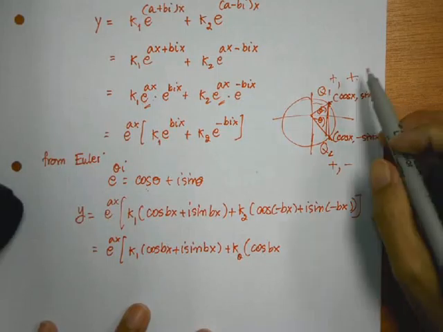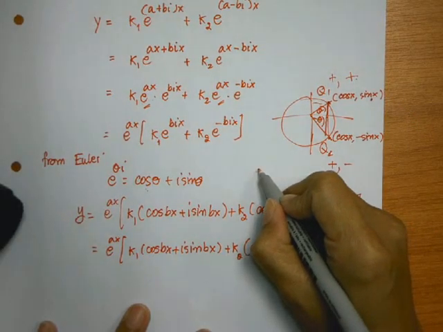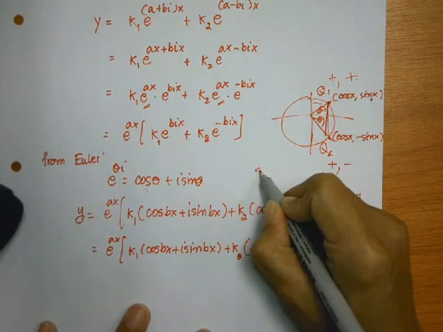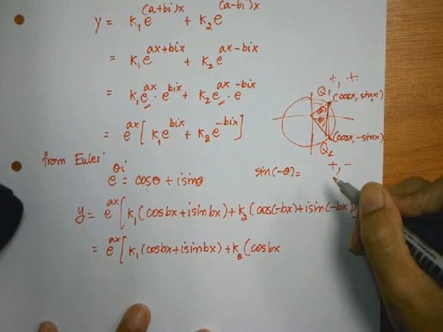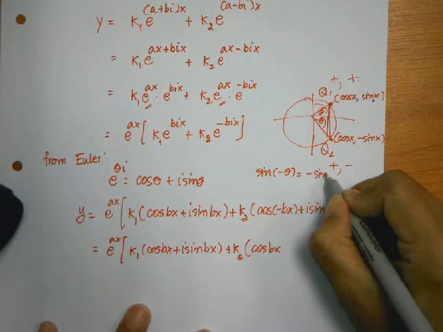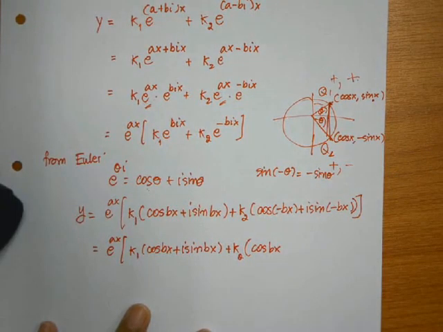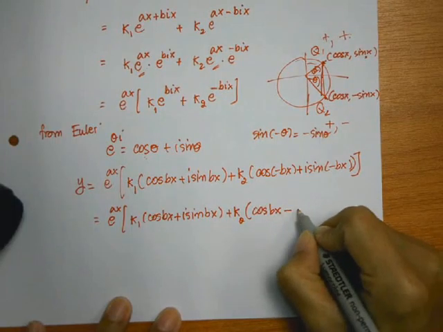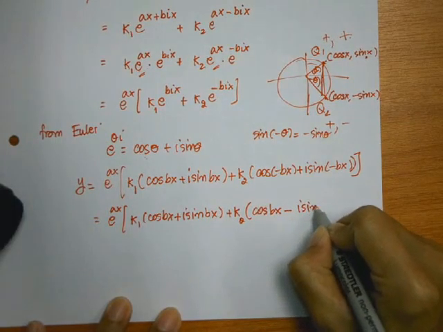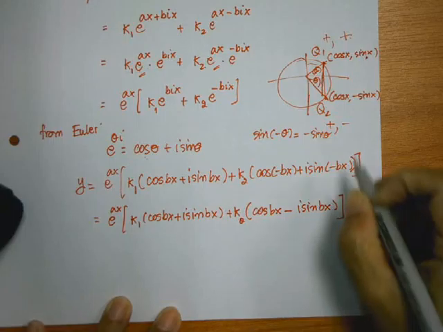So that makes sine minus theta equal to minus sine theta, the same value but different sign. So this one you would get minus i sin bx according to this figure.